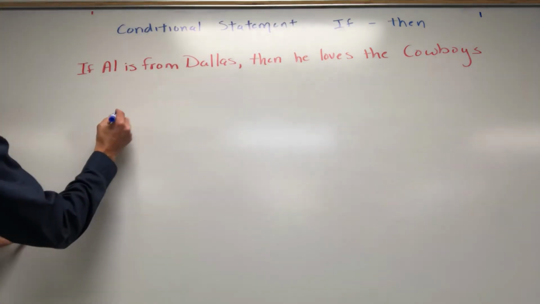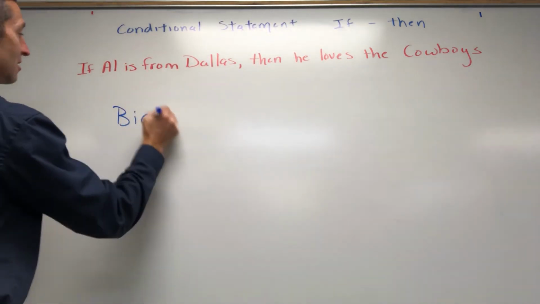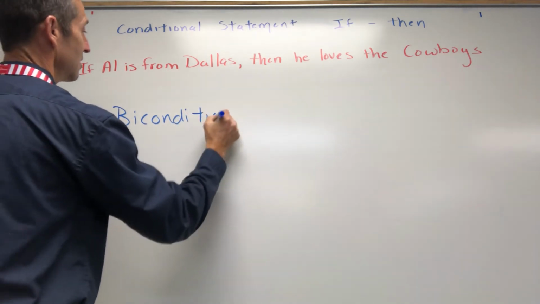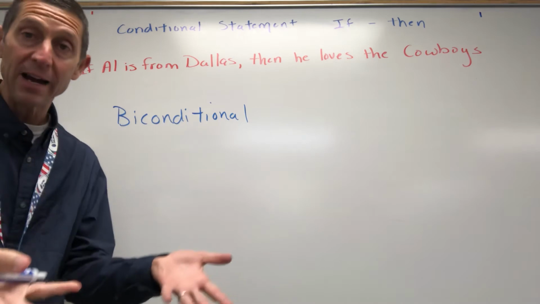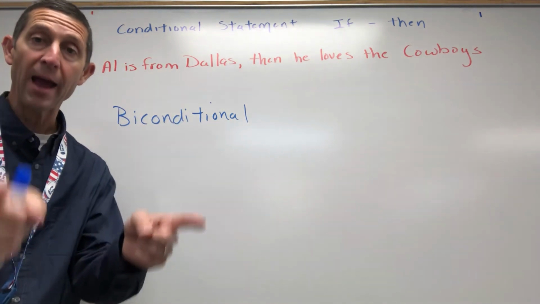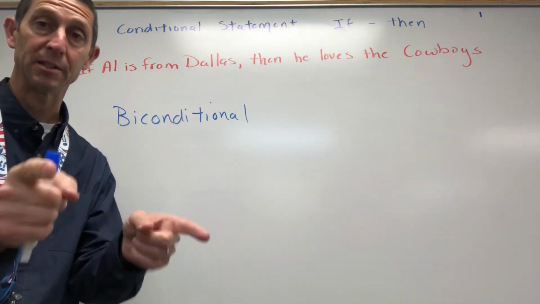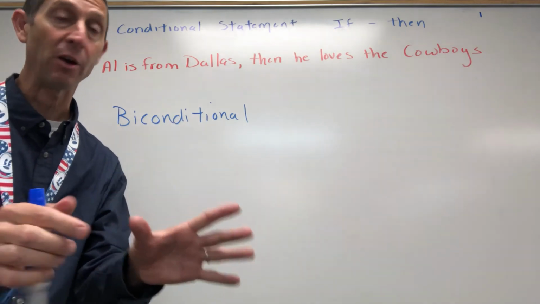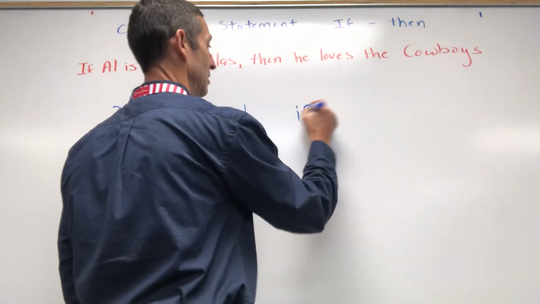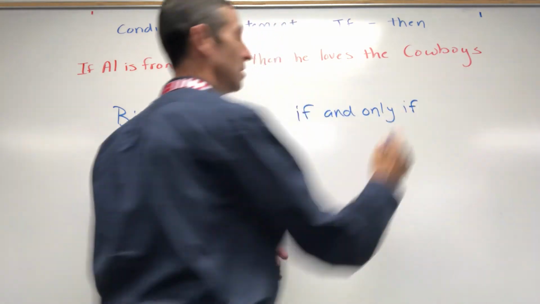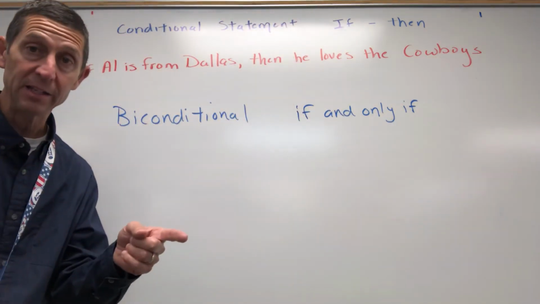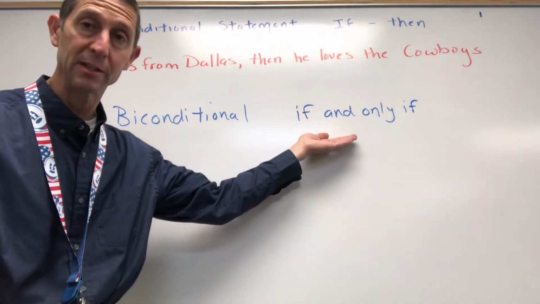Fourth one is called biconditional. And anytime you're asked to put in a biconditional statement, you have to bring in this expression, if and only if. So in order to be biconditional, it has to have this expression.